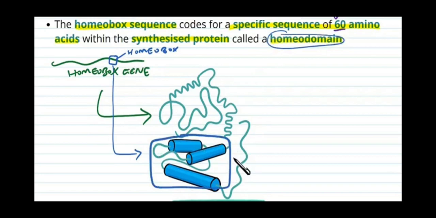Within this gene there is a 180 base pair coded region, which codes for 60 amino acids, shown by 3 cylinders. So these 3 cylinders are called the homeodomain.